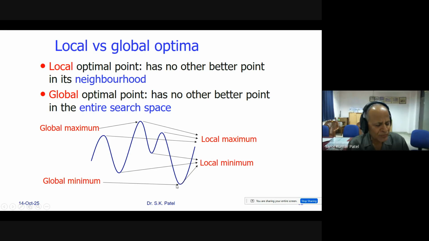And in any optimization problem, our objective is to find out the global maximum and global minimum in the entire search space. And traditional numerical methods are not that efficient to find the global maximum or global minimum. It is with the use of non-traditional methods like genetic algorithm, simulated annealing, that will help us to find out the global maximum or global minimum.